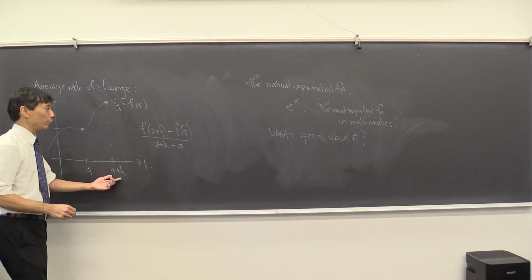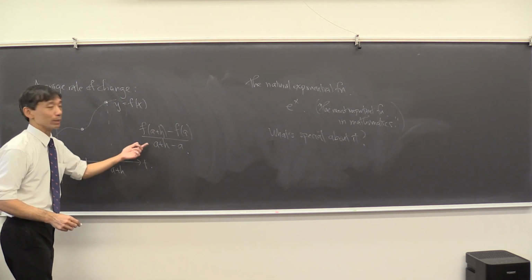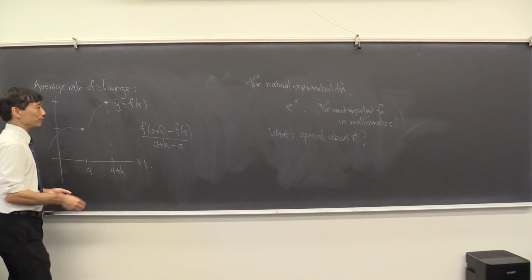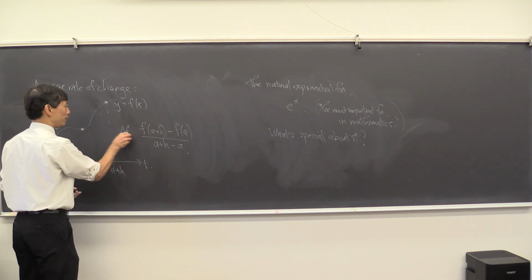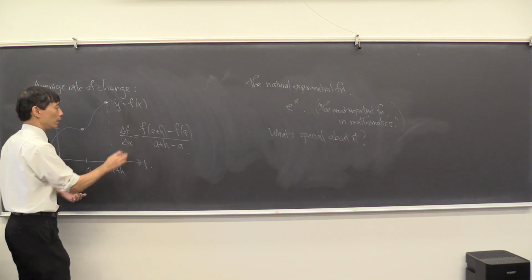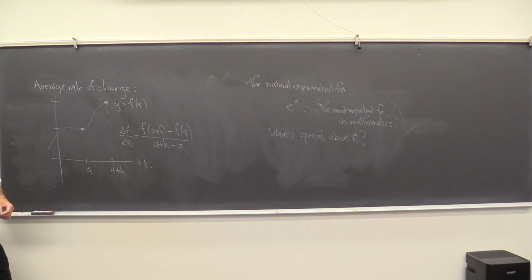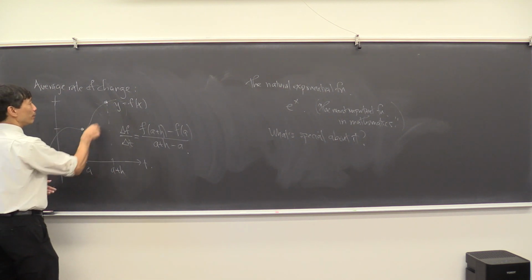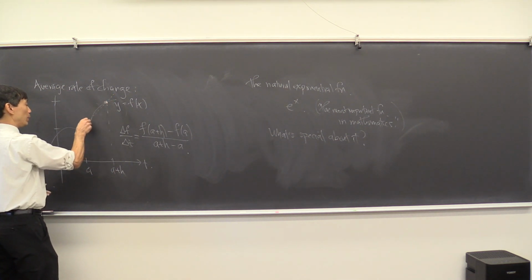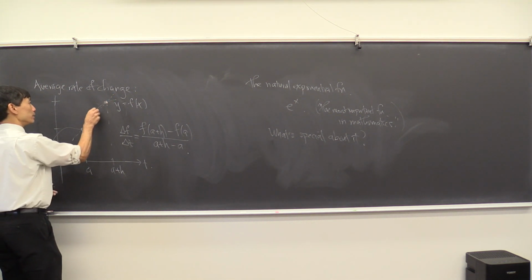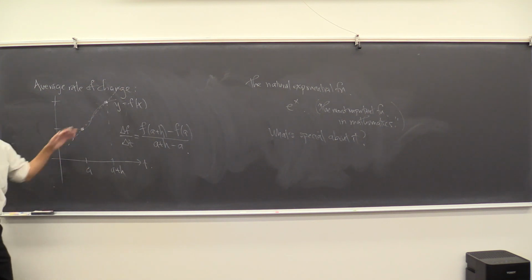Or if we call that b, it would be f of b minus f of a over b minus a, right? So this is the change in f over the change in t, over that time period. And we notice that, geometrically, that is the slope of the line through these 2 points here.